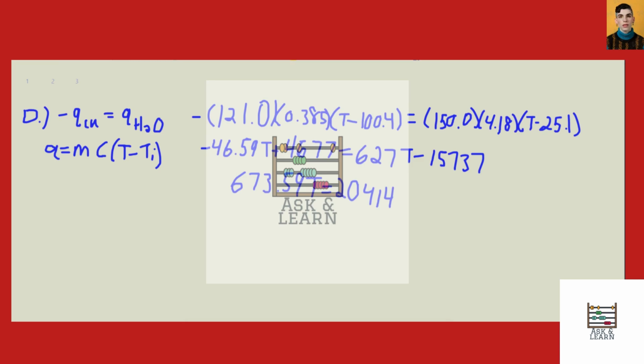So 20,414 divided by 673.59. That's going to give us a T value of 30.3 degrees Celsius.